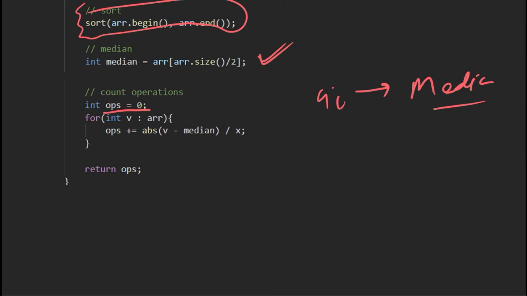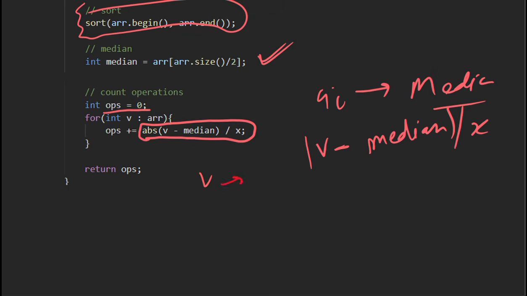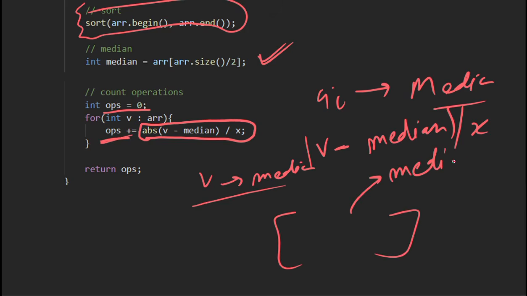That will be the absolute value of the particular value minus the median, divided by x. This is the number of operations to convert value v to the median, and the sum of all these will be the total number of operations to convert the grid to the median value. So at the end we return the total number of operations.